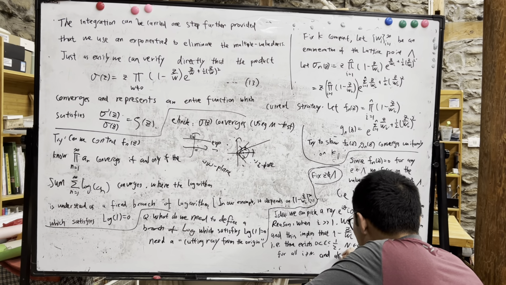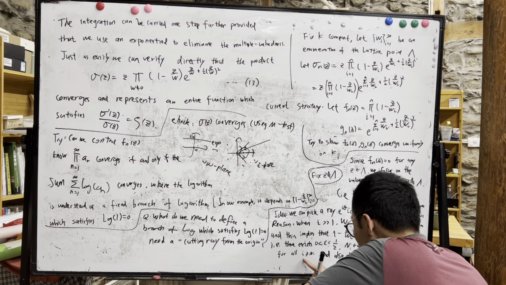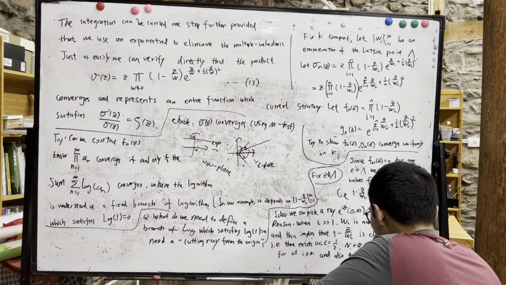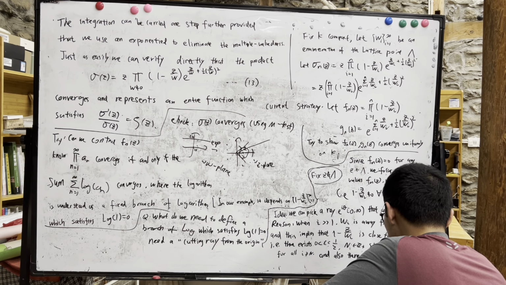And also the missing set is finite. So there are finitely many points.